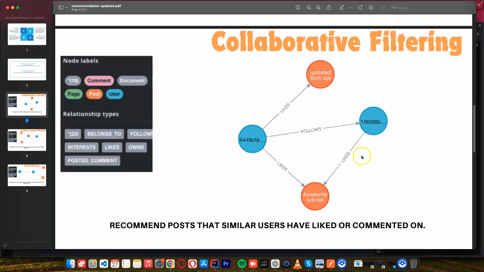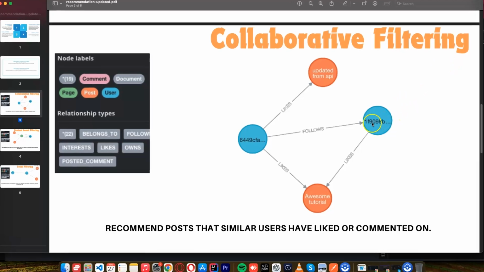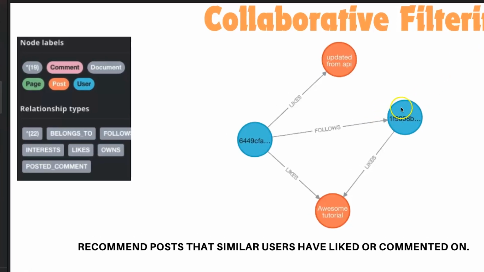So with this example, you can see in this collaborative filtering, we have this user, and this user likes this post, which is awesome tutorial, and we also have this user, which starts with 64, who likes the same awesome tutorial. Both users like the same post.